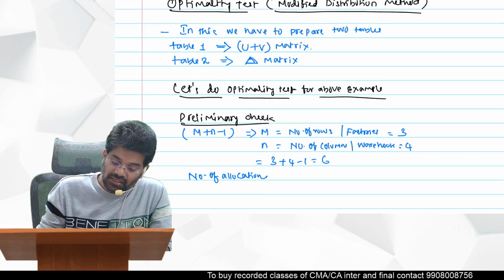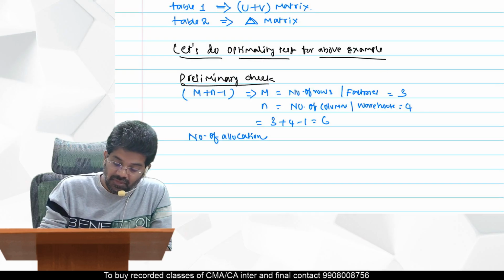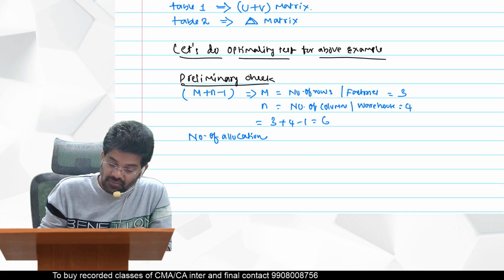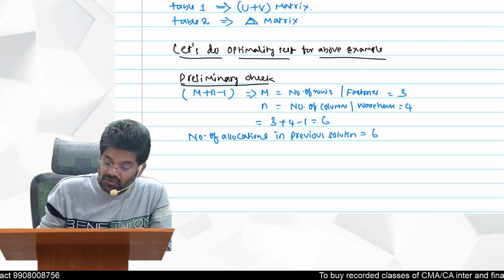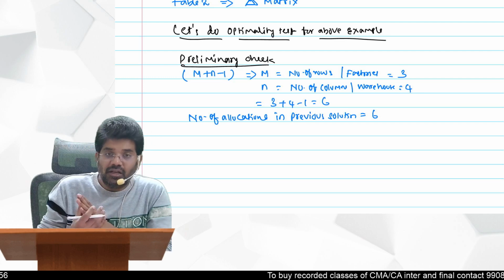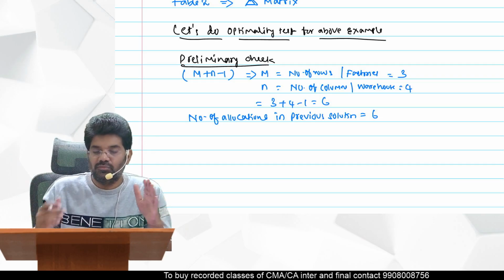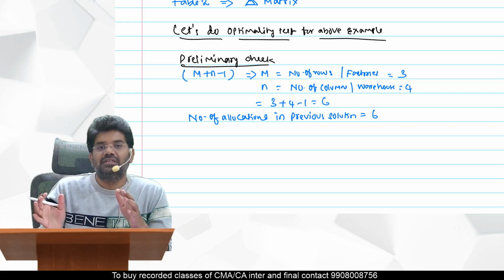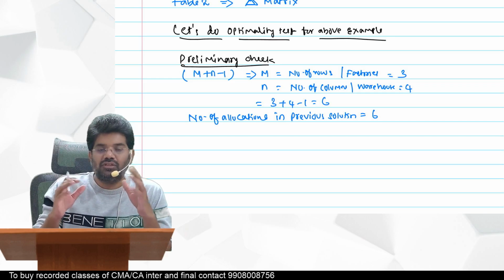So M plus N minus 1 is equal to the number of allocations in the previous solution, which is 6. So now the gate is open. Now you can move forward. Before the gate is open, first you have to check this condition. Before you perform this optimality test, you first need to do this preliminary check.